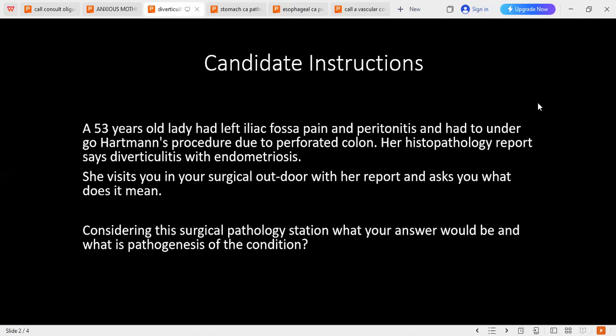Grade 3 is purulent peritonitis, and 4 is fecal peritonitis.